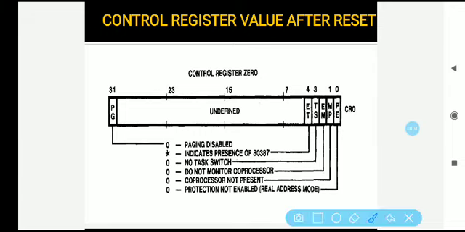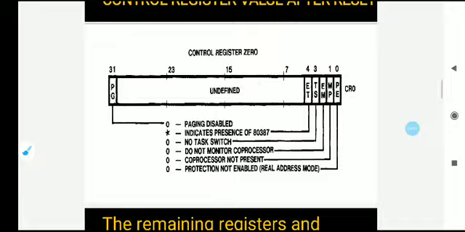PG bit contains 0. Then the ET bit indicates either presence of 80387 or not. Then task switch, again these values are 0. So these are the predefined values.